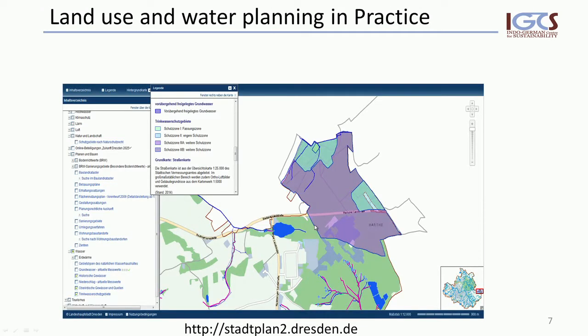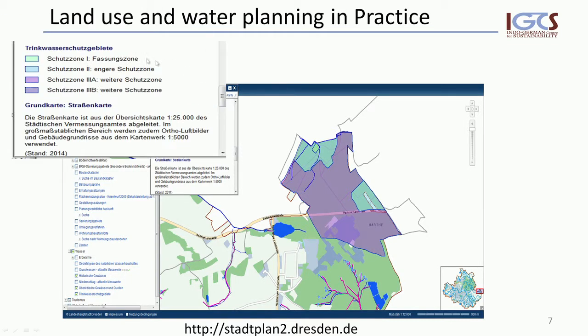Now, when we zoom into this, we can get to a very detailed level, and since we wanted to look into water specifically, I just picked here the details on dealing with water protection.